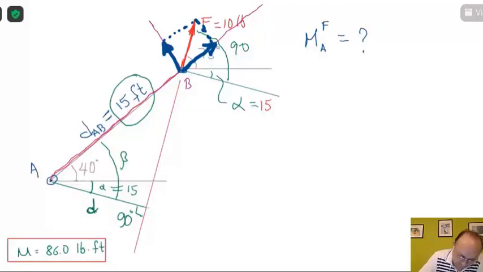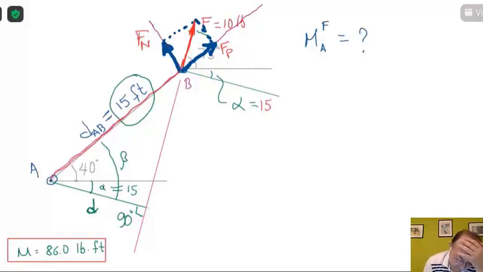Let's call this one F normal, and let's call this one F parallel. You see what I did right there? This is F normal, a line that is normal or perpendicular to AB, and this Fp is in the direction of AB or parallel to AB.